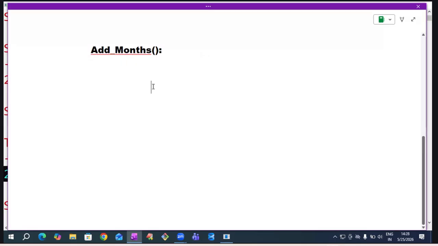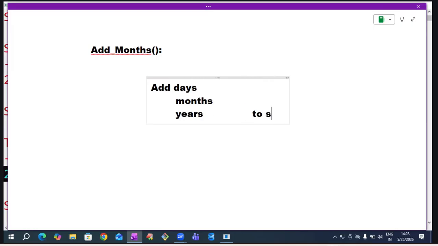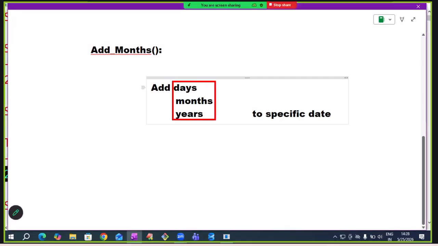What are those 6 cases? How to add days, months, and years to a specific date. This we must know.